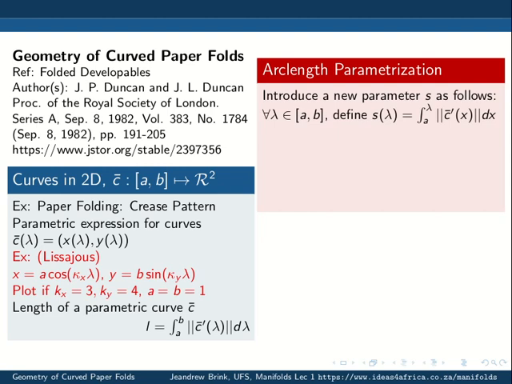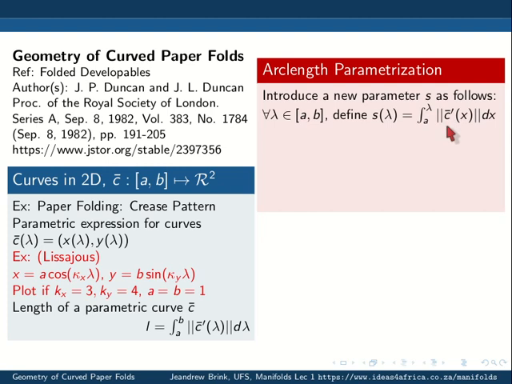The way you define it is as follows: for all lambda in A and B, we're going to define S as a function of lambda, basically as the distance from the starting point to lambda measured along the curve.